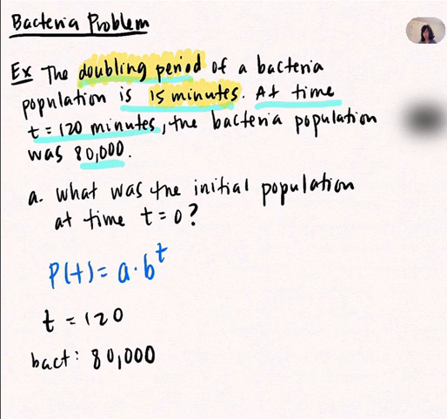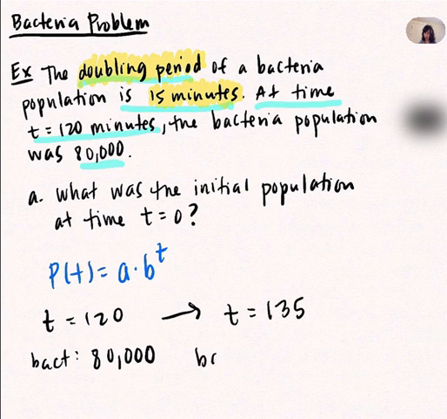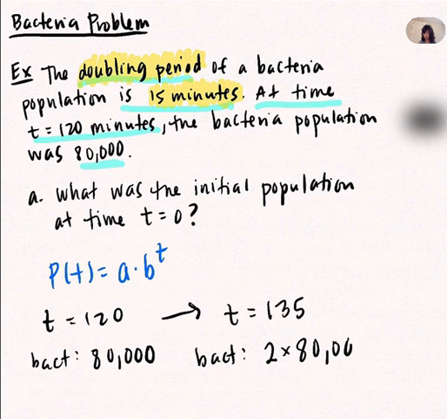In other words, in 15 more minutes, so at t equals 135, that's 15 plus 120, the bacteria population is going to be double what it was before. So it's going to be 2 times 80,000, or 160,000.